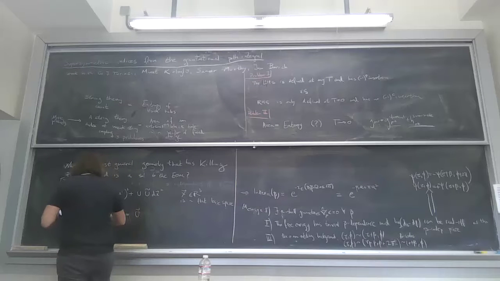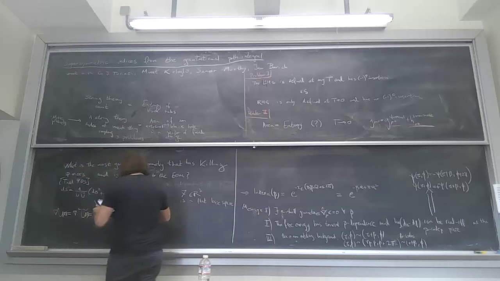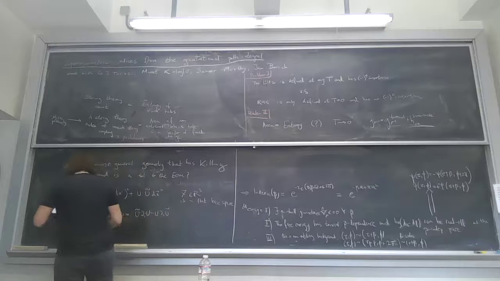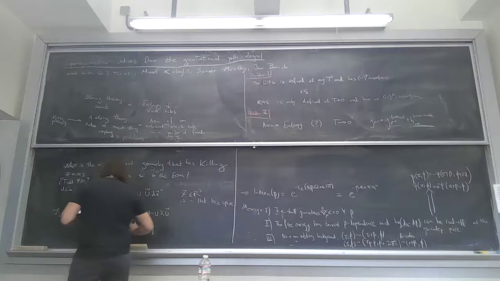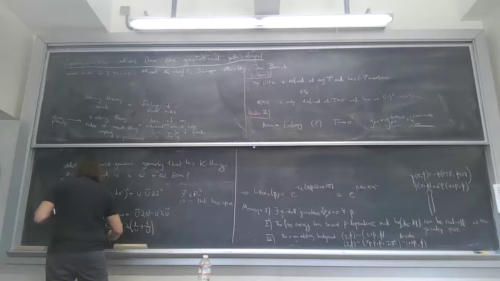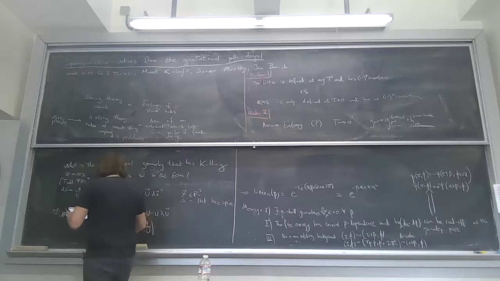Let me write it explicitly: ε_ijk ∂_k ω is ũ ∂_i u minus u ∂_i ũ. And F_0i is 1/2 ∂_i (1/u + 1/ũ). And F_ij is minus 1/2 square root of the metric. I'll explain why I wrote these formulas in a second.